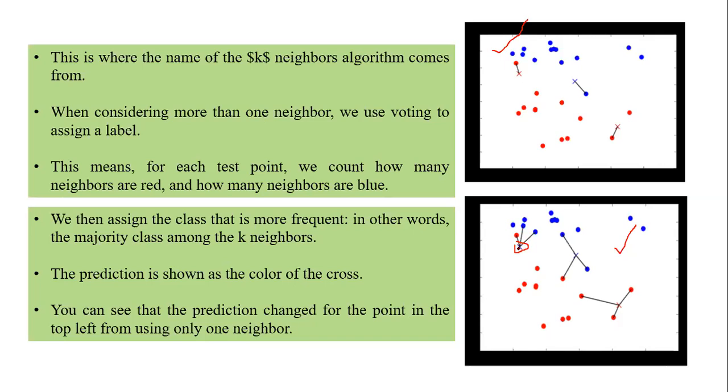As the number of blue is higher, this unknown class will belong to the blue class. While in the previous case when k is equal to 1, it was belonging to red. So as you increase the number of neighbors, it also affects the prediction.